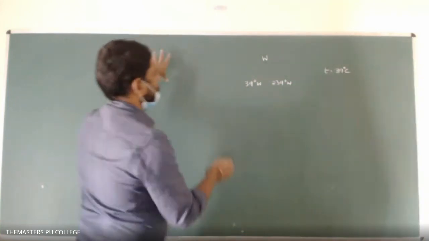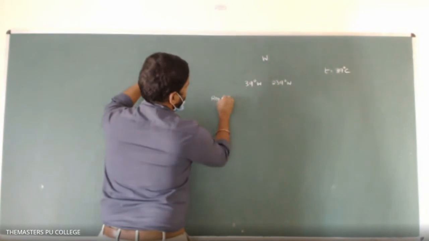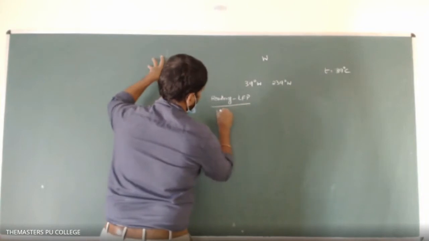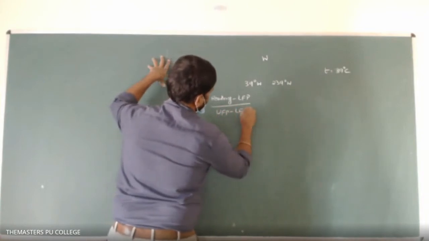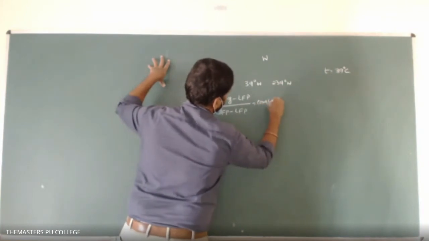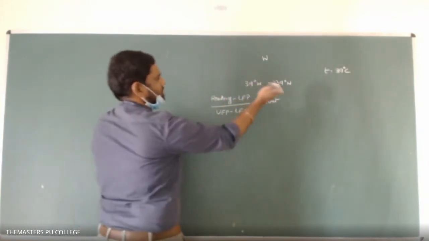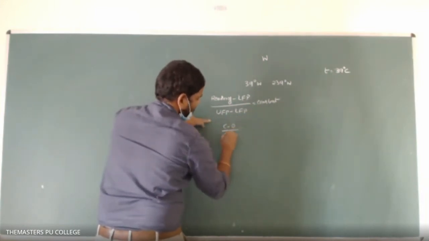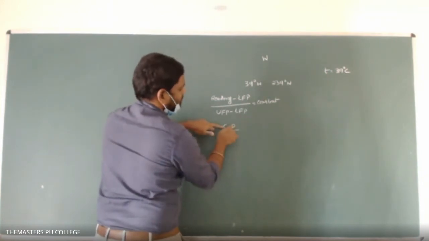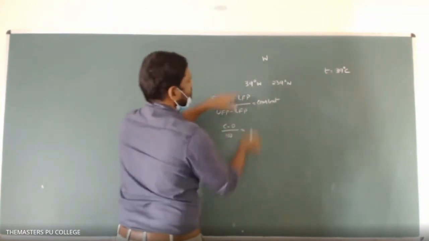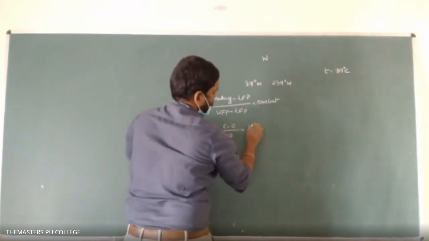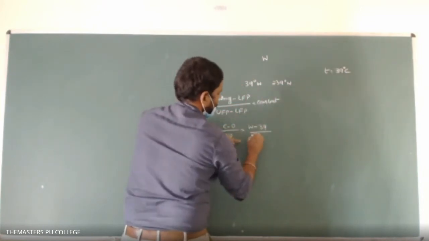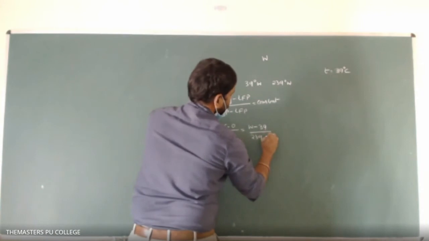How to solve it: as we already said, reading minus LFP upon UFP minus LFP equals a constant. So to convert from Celsius to this new scale, I can write (C minus 0) by 100, that is the C reading minus LFP by UFP minus LFP, equals, letting W be the reading on the new scale, (W minus 39) divided by (239 minus 39).